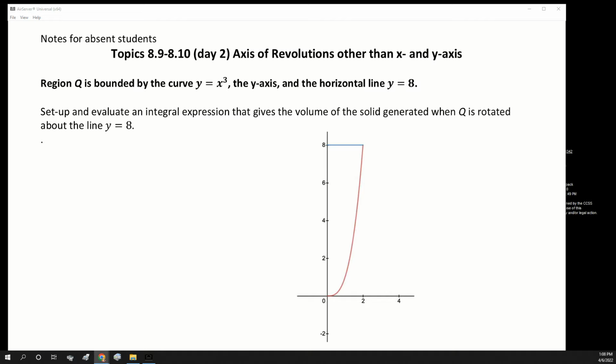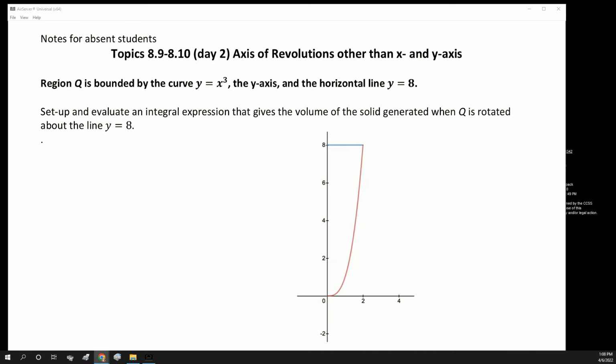Okay, so in the previous lesson, we just did these solids generated by rotating about an x-axis or a y-axis. Sometimes the axis of revolution is something else.